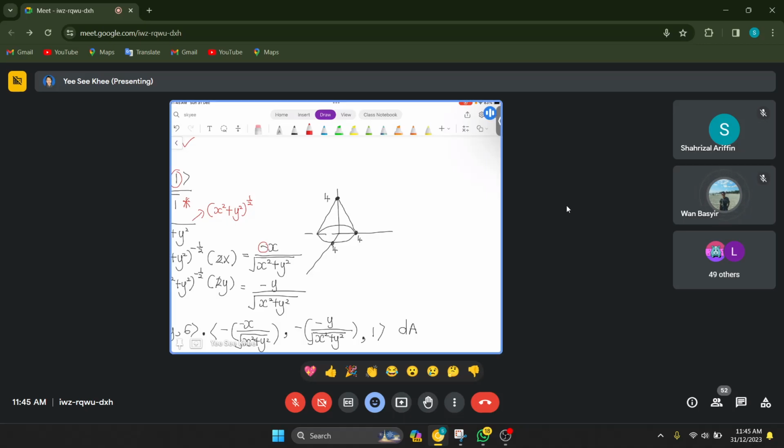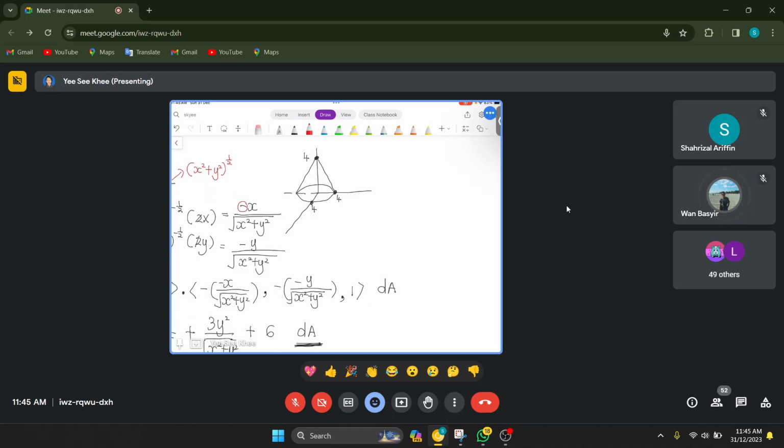Okay, so we go for the projections. The projection will be the xy projection, because that is easier for you to define the dA, right? So you will see a circle with radius of 4.